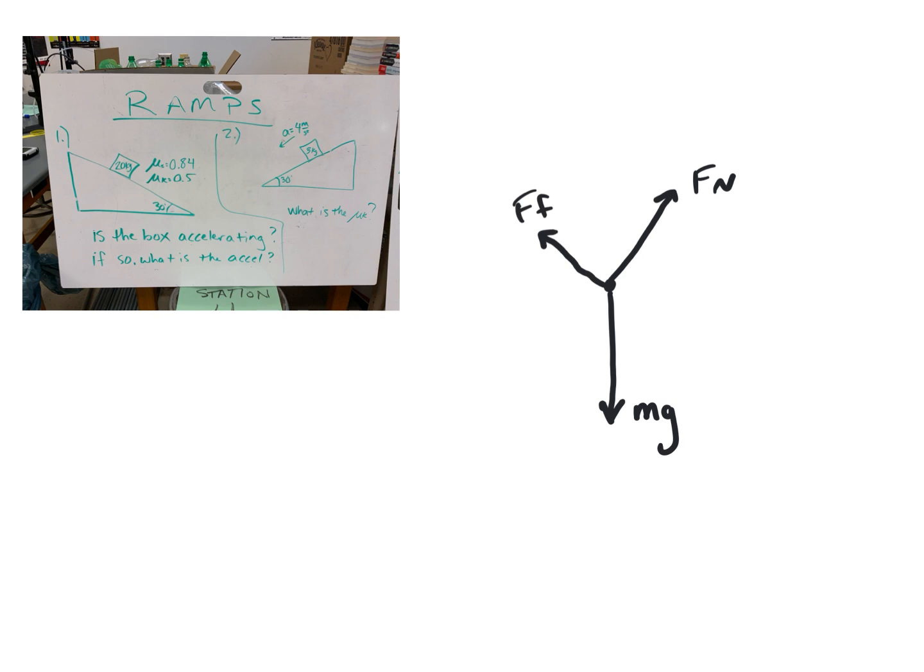The next thing we do when we have a ramp problem, after we get done drawing our free body diagram, is we break up that component of weight that doesn't align itself to the ramp, because friction is parallel to the ramp, and normal force is perpendicular to the ramp. The weight vector is the only one that doesn't align itself to that plane. So I will always break up the force of gravity perpendicular first and then parallel.